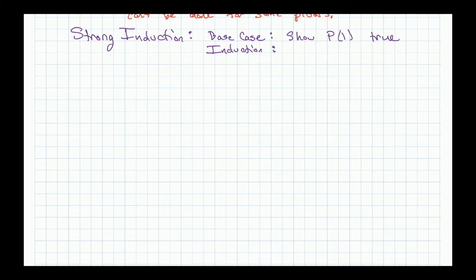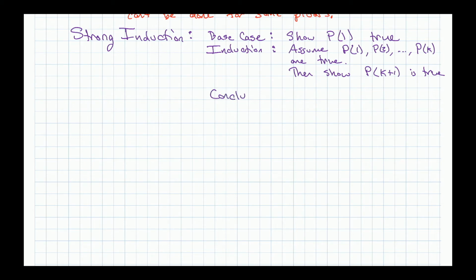You assume P of 1 holds, P of 2 holds, up to P of k holds, which means they're true. Then you show P of k plus 1 is true. And that's it for the induction step.